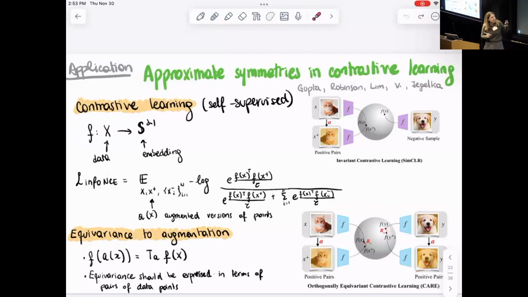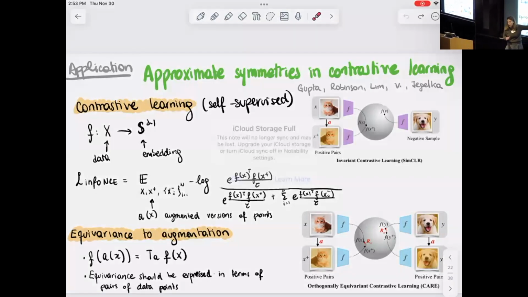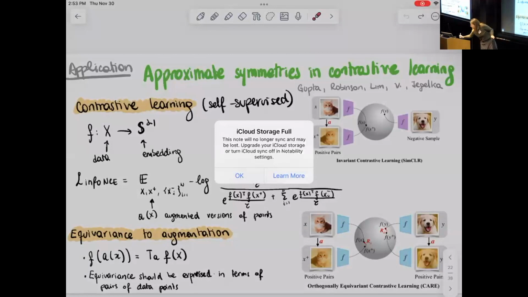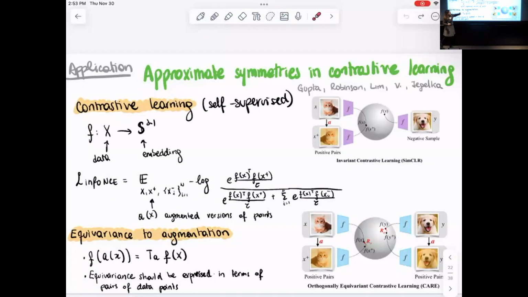I want to find an embedding F so that when I apply the embedding to a cat and then augment the cat, the resulting embeddings are a small rotation of one another. So if I take a dog and its embedding, I know what point in the embedding space corresponds to the same augmentation of that dog, because I know what rotation it comes from.